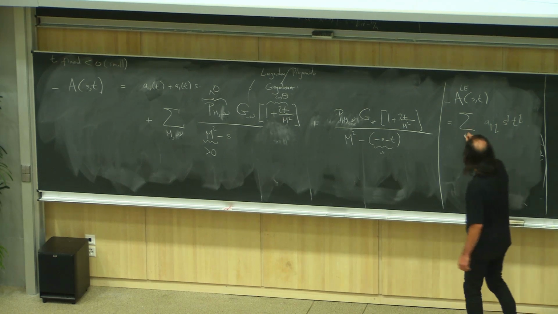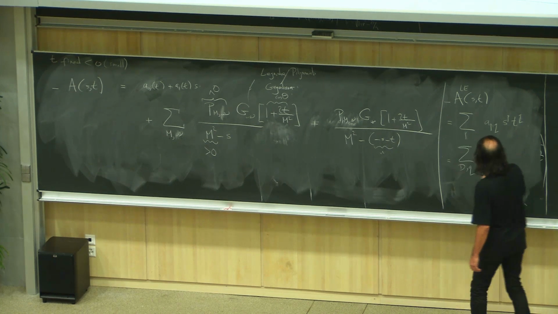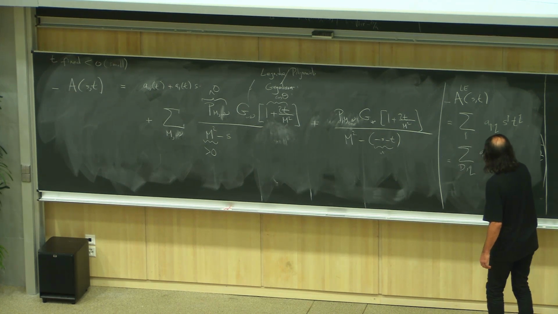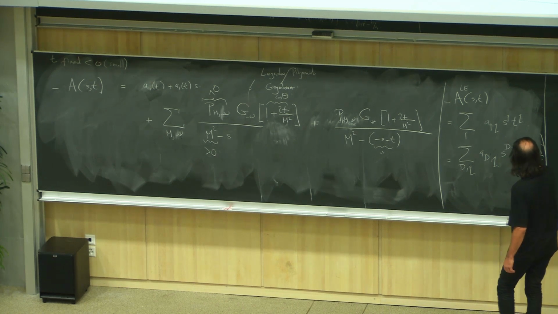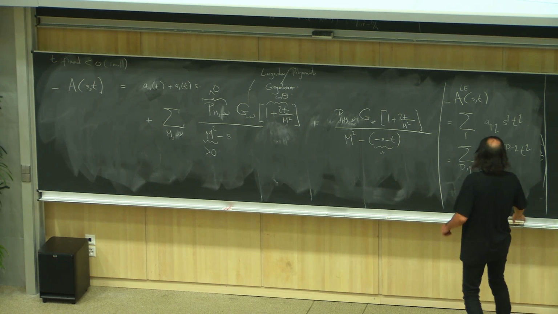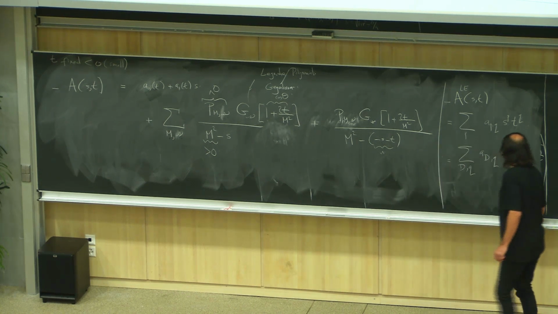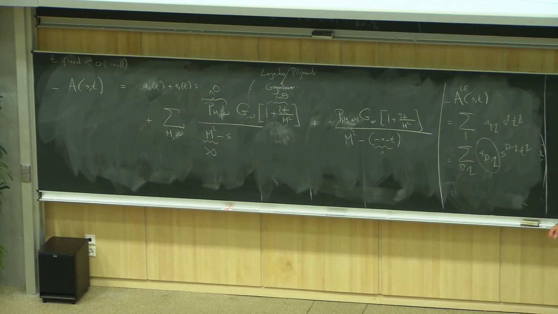And I will also find it convenient to sometimes write this as a sum over D and q, where D keeps track of the overall dimensionality of this coupling. So a_{D,q} s to the D minus q, t to the q. So capital D again just counts the overall scale of the coupling constant. So this is the set of objects I want to make statements about.